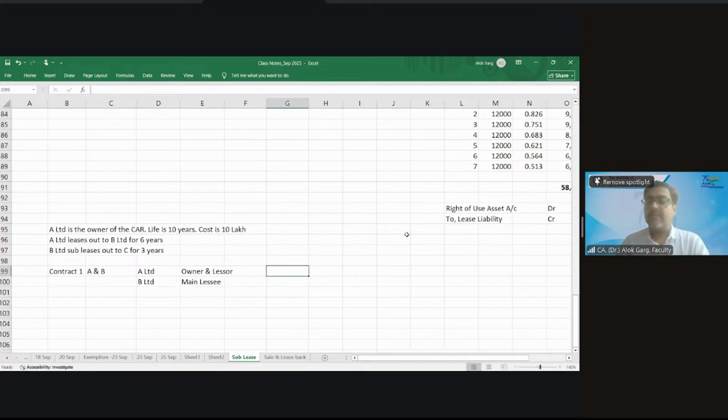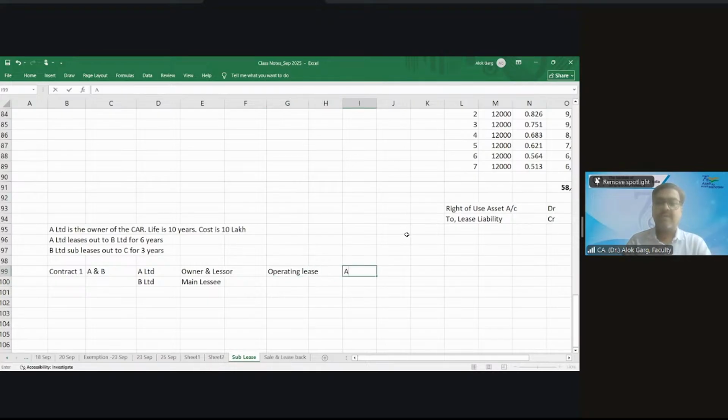The life is 10 years and the sublease period is 6 years. So what is the classification in the books of A Limited? Finance lease or operating lease? Operating lease, sir. So this transaction is an operating lease.